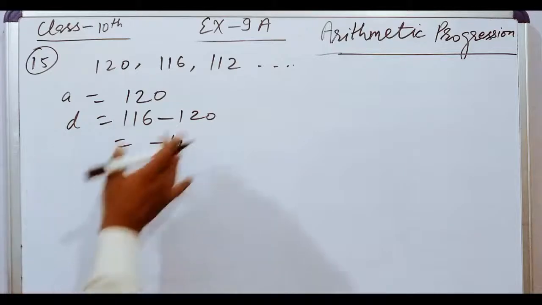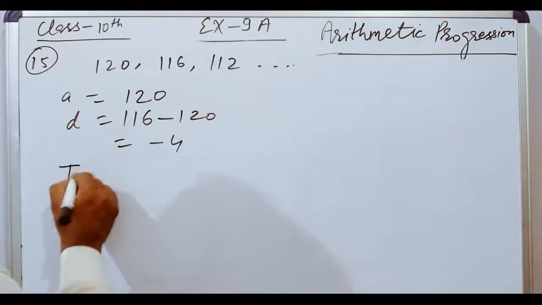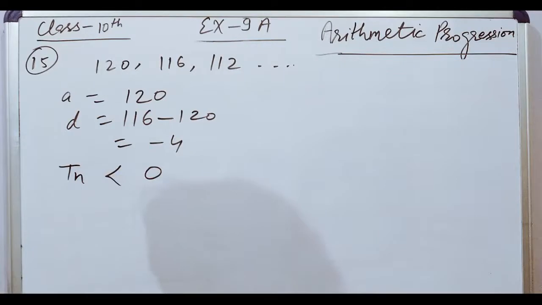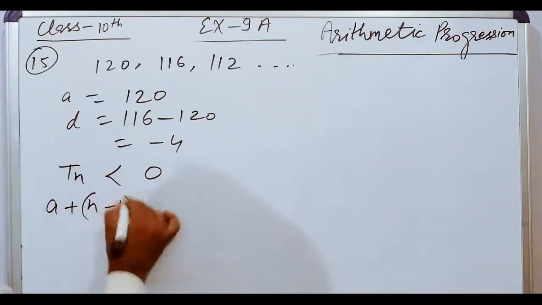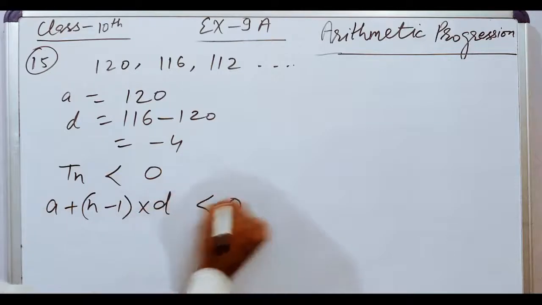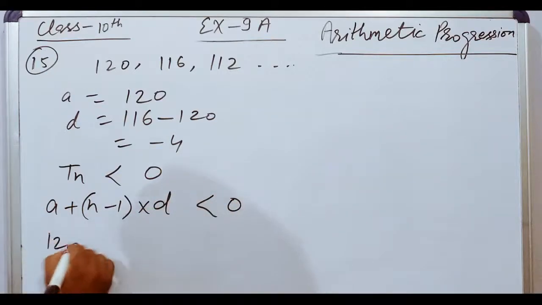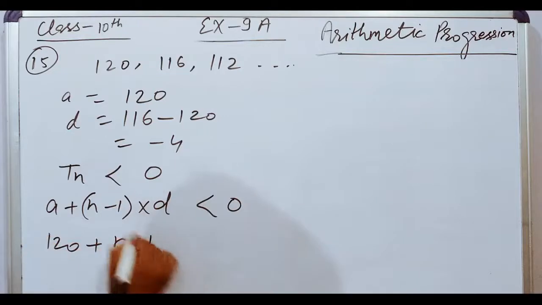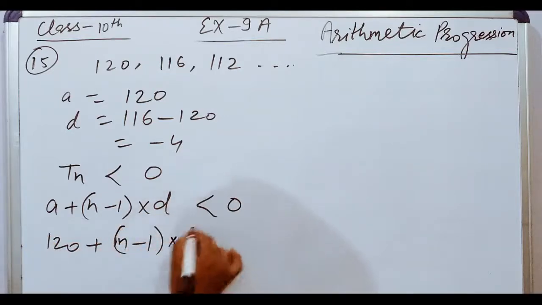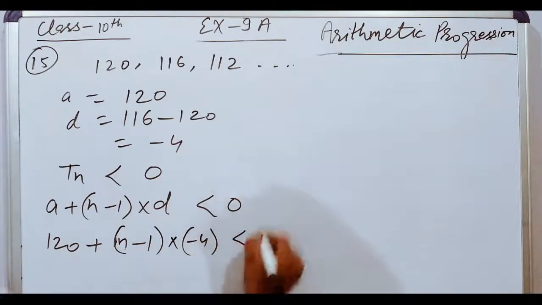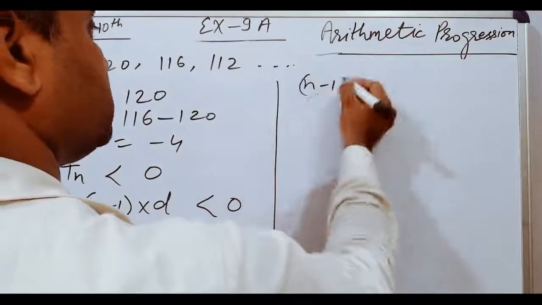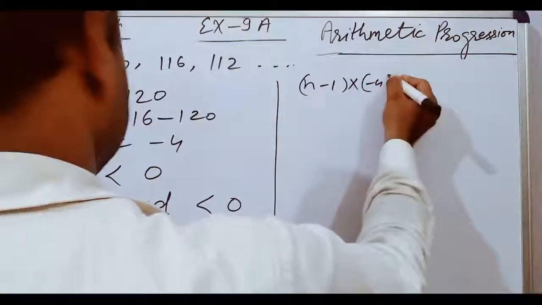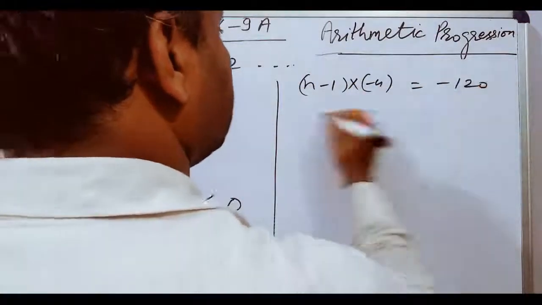Now which term we have to find means we have to find n. So Tn is less than 0. Tn we will find: A plus n minus 1 into D is less than 0. A is 120 plus n minus 1, D is minus 4, is less than 0. Then n minus 1 into minus 4 is less than minus 120.